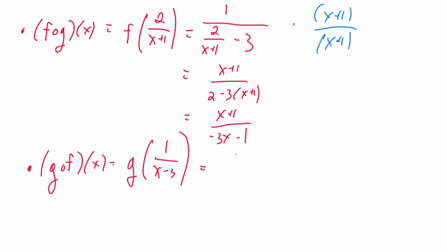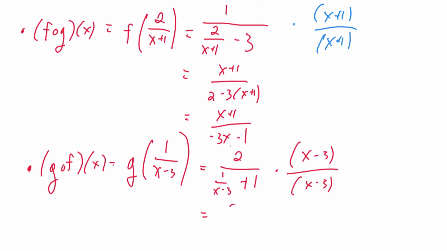So this gives me this, and I will simplify this by multiplying by x minus 3 here to get 2 times x minus 3 over 1 plus x minus 3, which yields ultimately 2x minus 6 divided by x minus 2. So again, I see that if I compose f with g and g with f, I don't get the same thing.